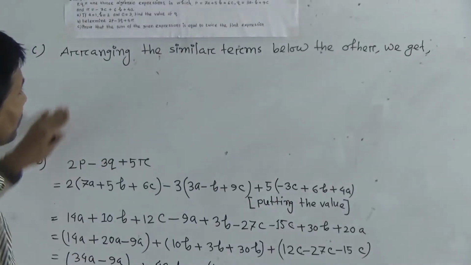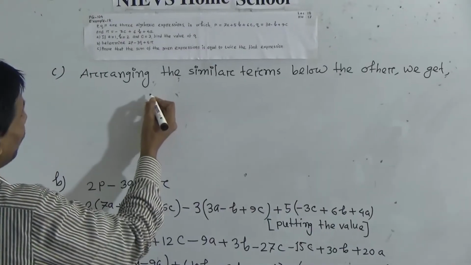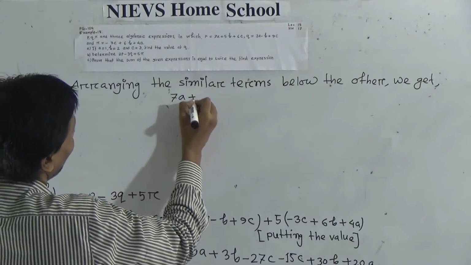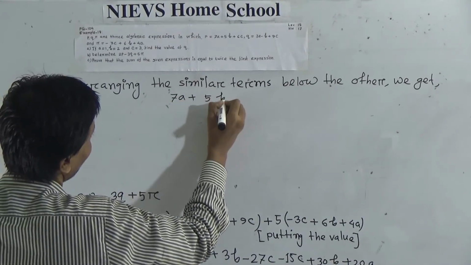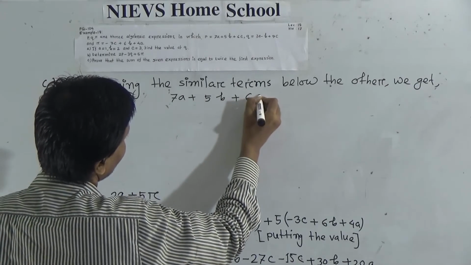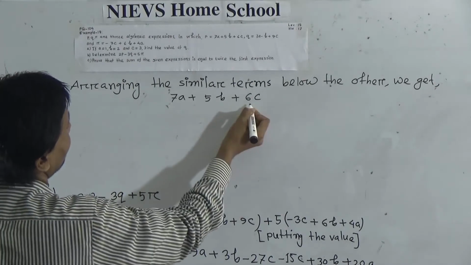Arranging the similar terms below the other, we get: P equal to 7a plus 5b plus 6c.